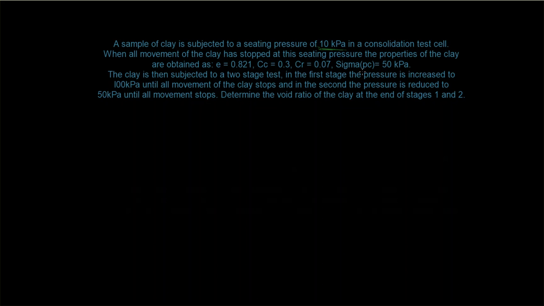So we have these properties and sigma dash PC as 50 kPa. So I can draw that. We have applied 10 kPa. When we did that, we obtained the following properties.